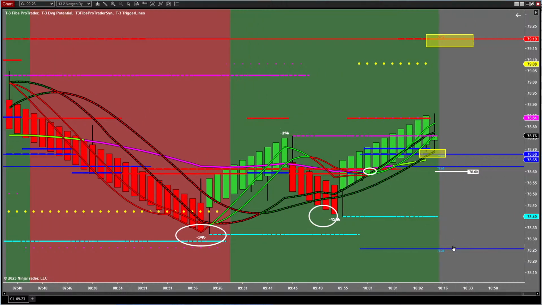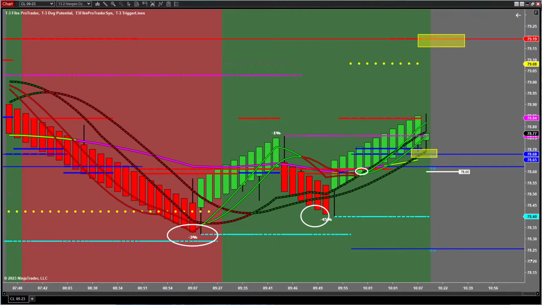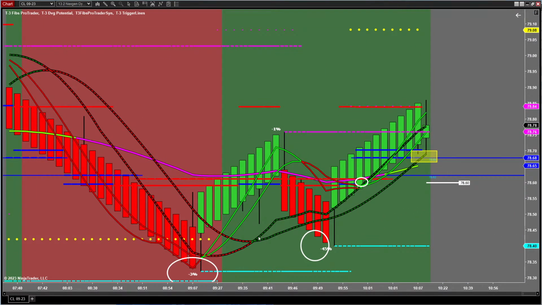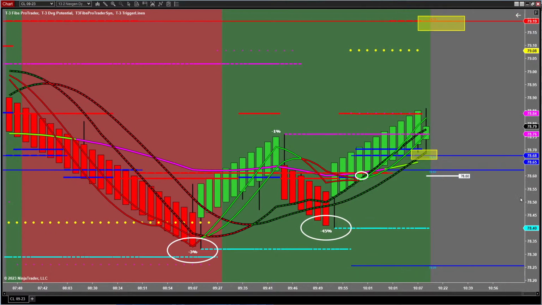I don't know if we will or not, but the fact that we had two higher divergences before we had large triggers leads me to believe that there is a lot more money to be had to the upside. It doesn't always happen. But most of the time it does.